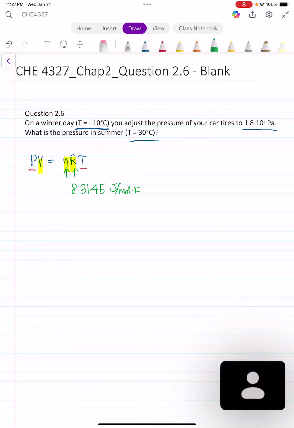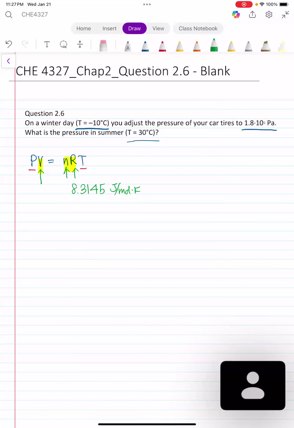So then how about V? V is volume. As long as the tire does not really change its shape, the volume of the tire should be constant, or it's a good approximation that we say it's a constant.